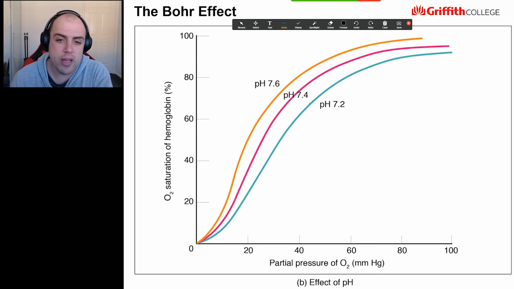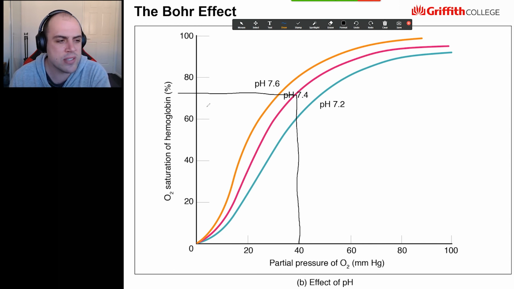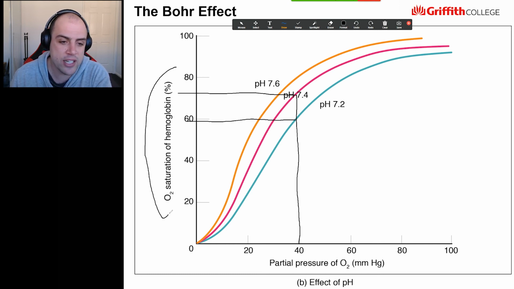Our body is normally around a set pH of 7.4. So if I drag a line across like so, that's probably around 70%. Now, if I compare this to a pH of 7.2, we see a big difference there in terms of that saturation.